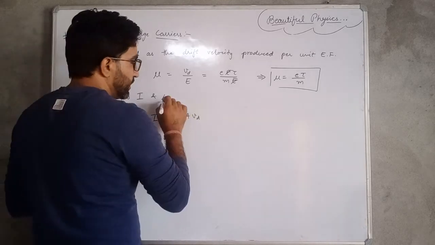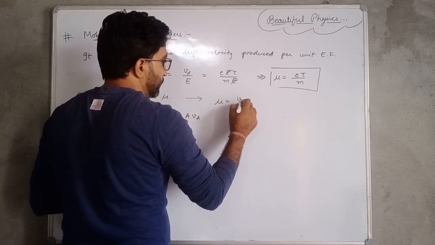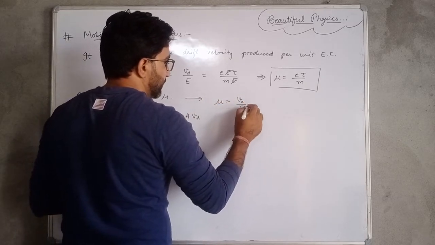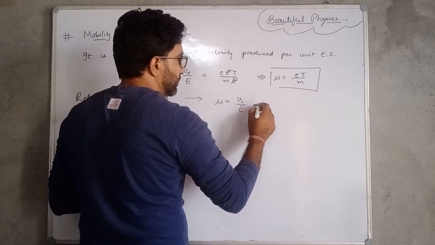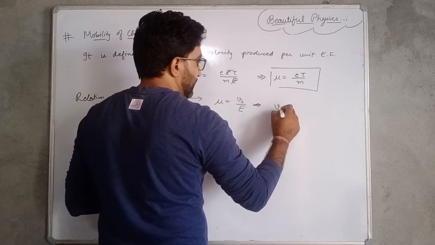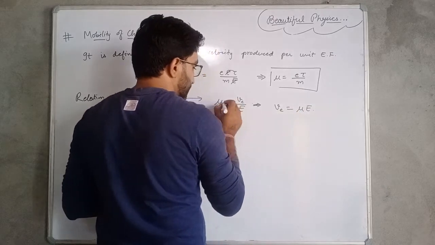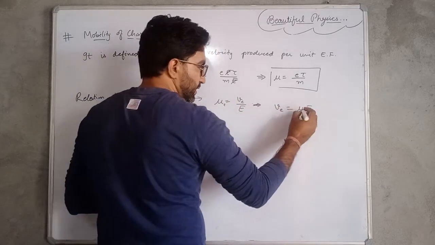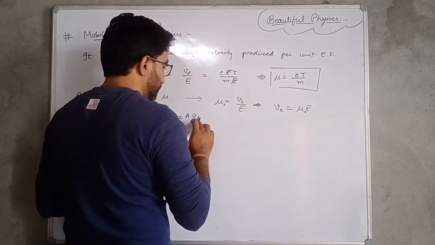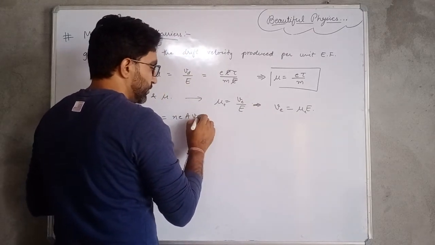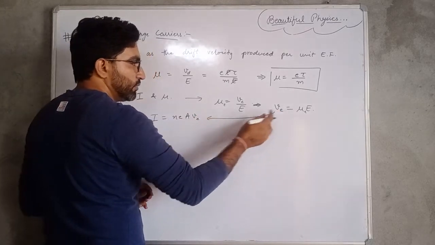In case of conductors, mobility mu is equal to the drift velocity of electrons per unit electric field, so Ve = mu E. Here mu E is the drift velocity of electrons, so in place of drift velocity of electrons, we can put this value.